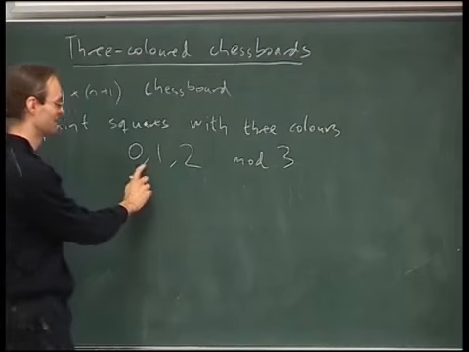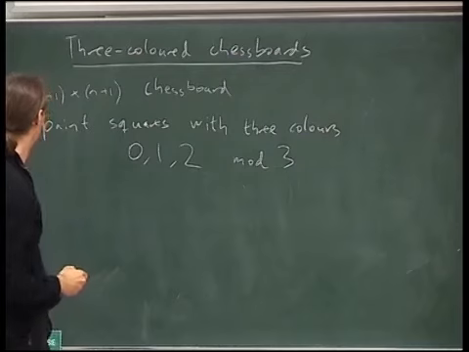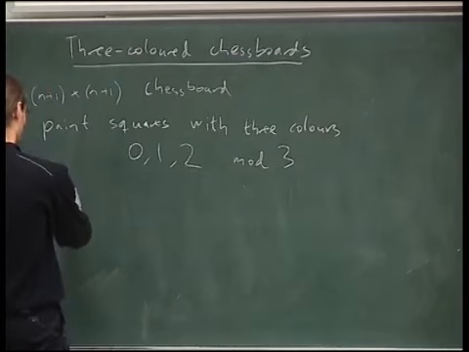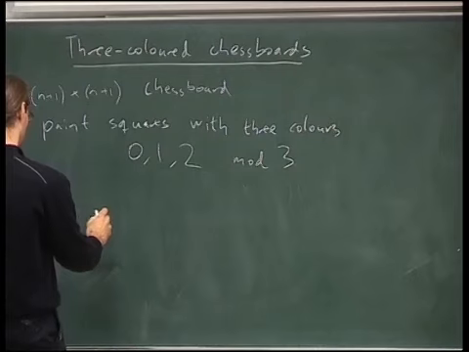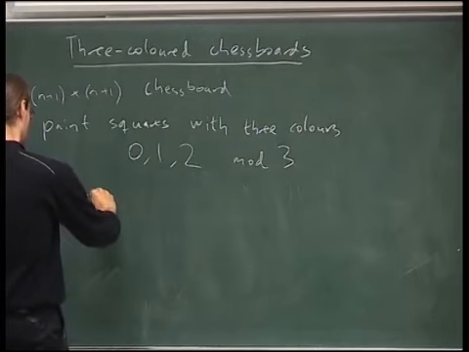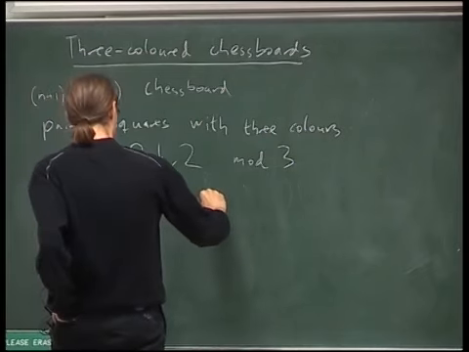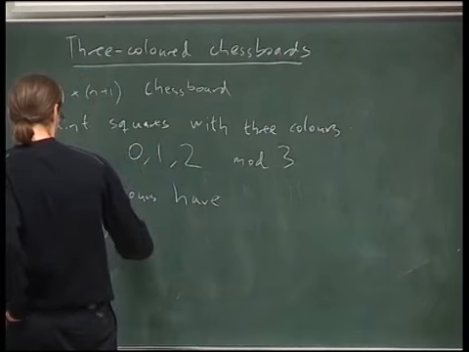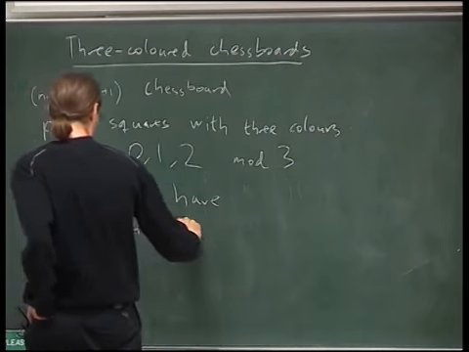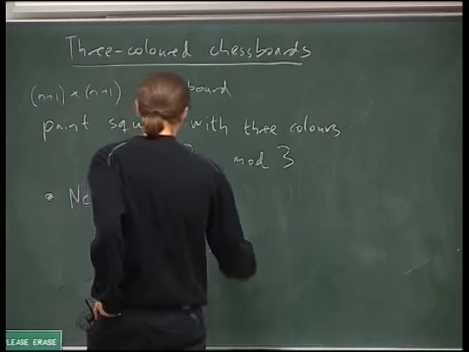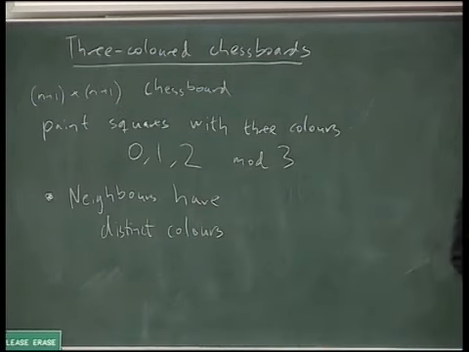So these are the three colors we will use. And then we will have some rules. The first rule is that neighbors should have distinct colors. Neighbors means neighbors vertically and horizontally.